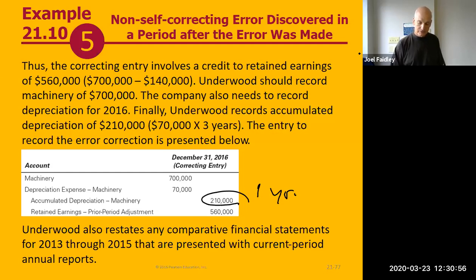And so the difference is going to my retained earnings prior period adjustment. 700 minus 210, 3 years of depreciation. 70 times 3.